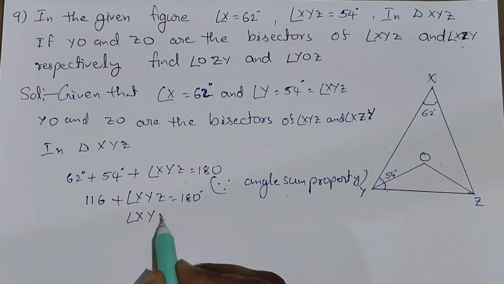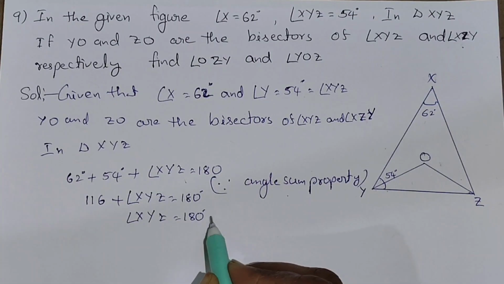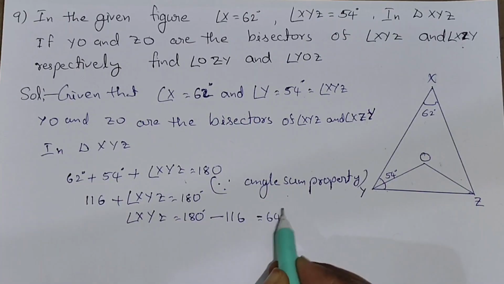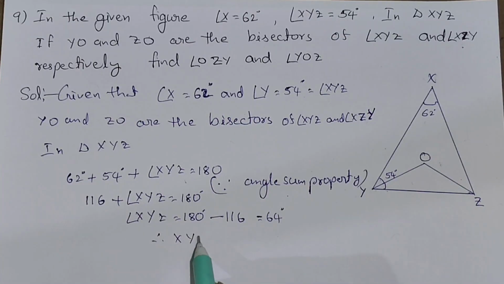Angle XYZ is equal to 180 minus 116, which is 64 degrees.